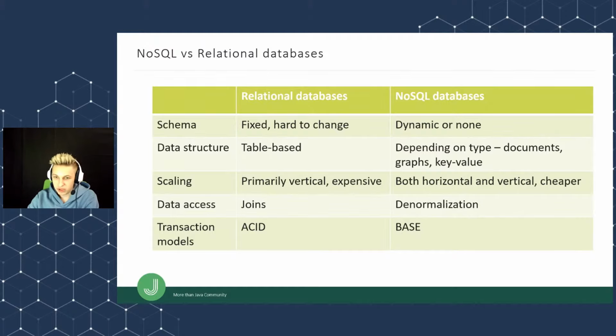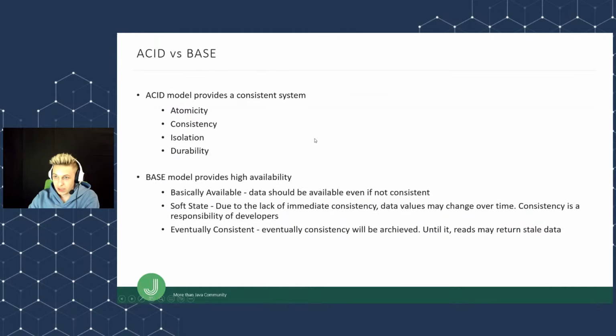And transaction models. Let's discuss them a little bit more. So let's compare ACID and BASE. What is ACID? ACID is more about data consistency and data availability. So it provides a consistent system for the data, so that it won't be lost.